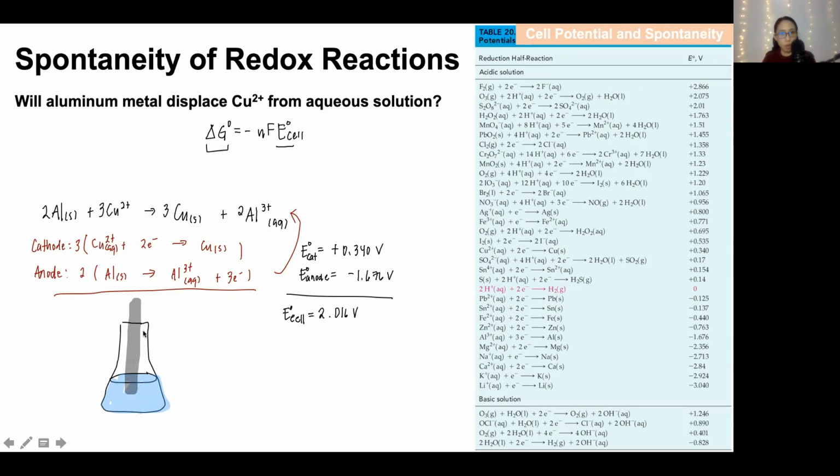So your aluminum foil will disappear. And you will also see the color blue disappearing, because you are consuming your copper 2+ ions. And you will eventually observe the formation of solid copper, which is color red, described as brick red. And you will observe the formation of your precipitate. Okay, so it's spontaneous.